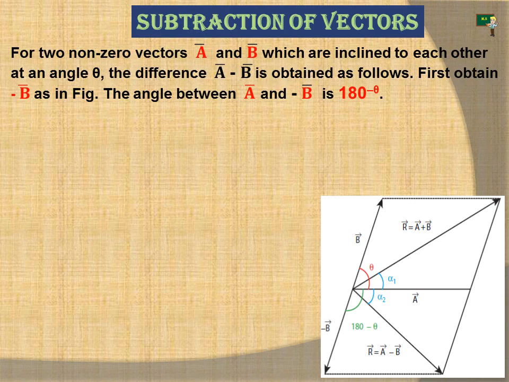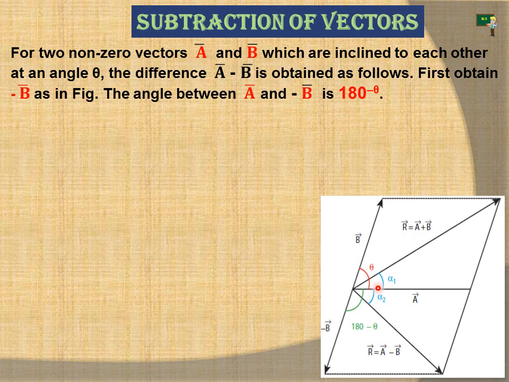Here, the given vectors are A vector and B vector. For two non-zero vectors A and B, which are inclined to each other at an angle theta, this is the angle, and this is going to be the angle at minus B. The difference A vector minus B vector is obtained as follows.